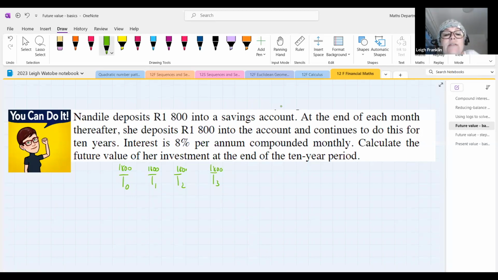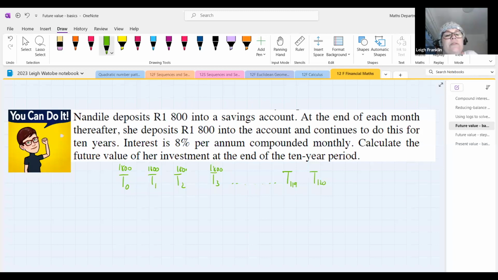And she does this for 10 years. So if there are 12 months in a year, 12 times 10, we would get to T120 if she's doing this on a monthly basis.